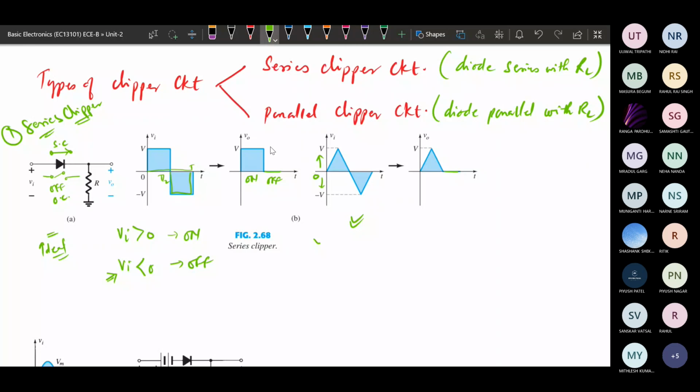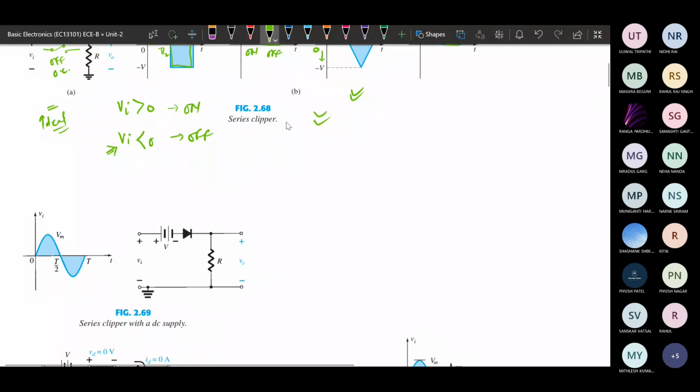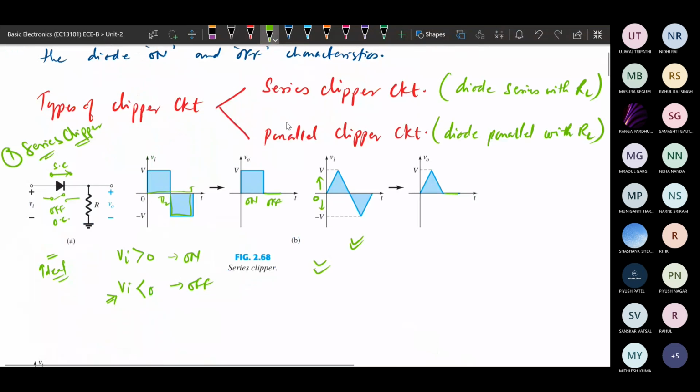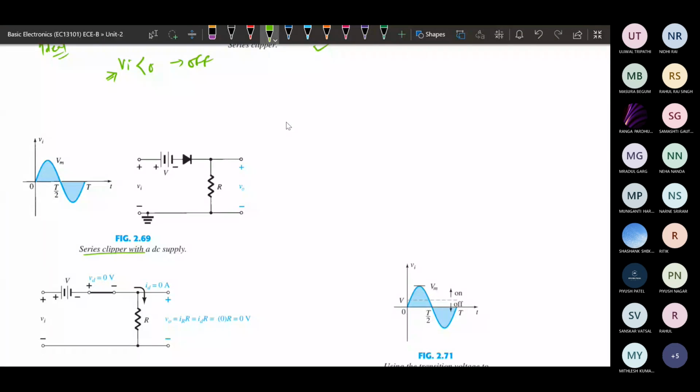Another example we will see. That was the case of a simple, single diode. Here we are using a diode with a supply voltage, so a supply voltage is used, which means we are providing an extra voltage across this diode.